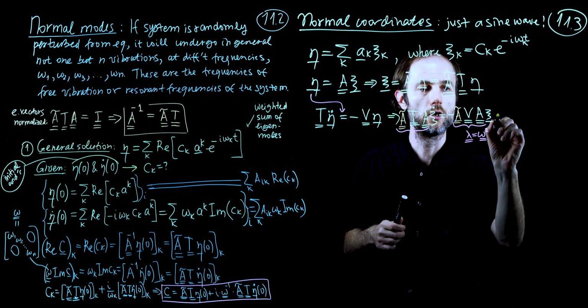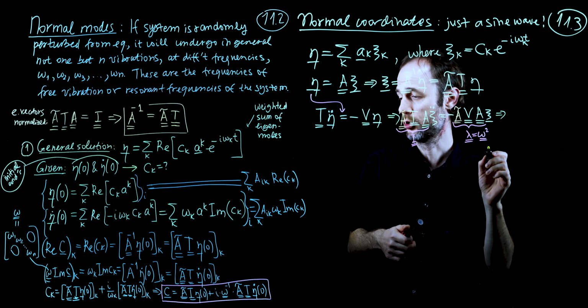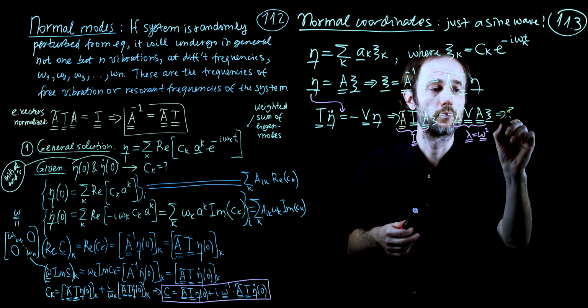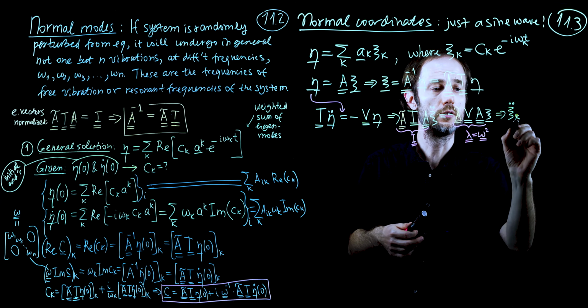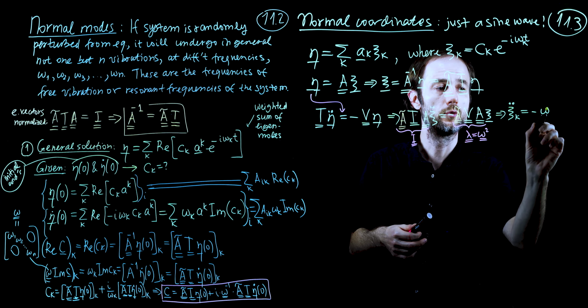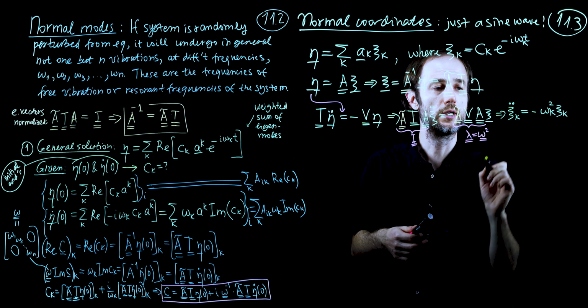So from here, we can immediately say that our equations of motion become psi k double dot is equal to minus omega k squared times psi k.